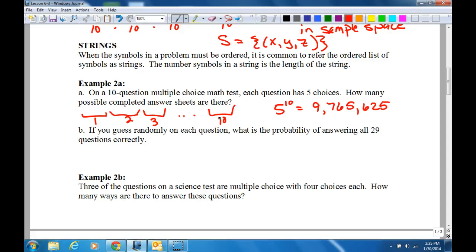If you guess randomly on each question, what is the probability of answering all the questions correctly? There's only 10. Yeah, I should say 10. This should say 10. So it'd be 1 over 5 to the 10.